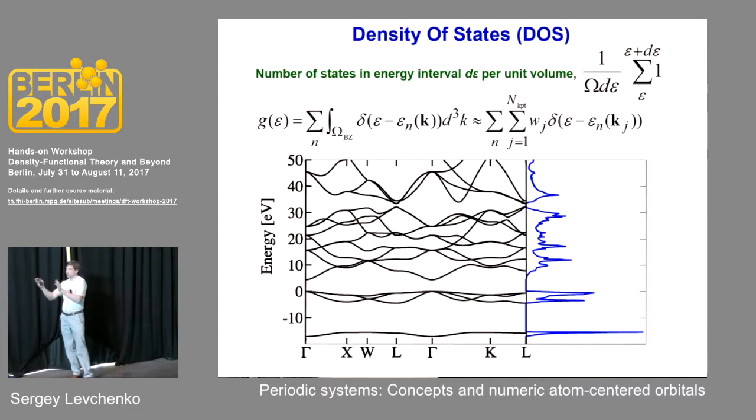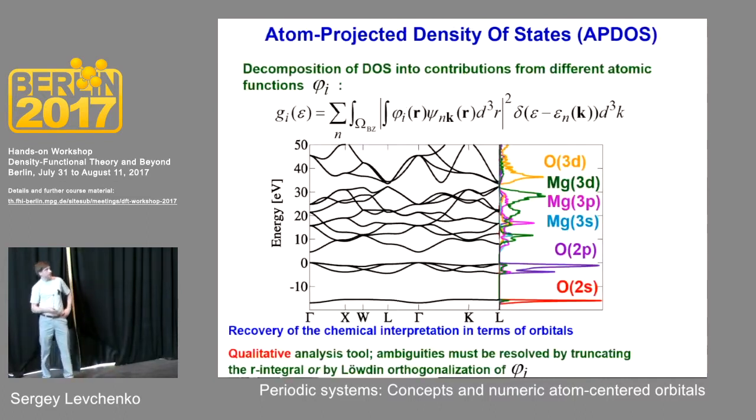These Gaussians are added together, and we obtain something like this. You can see how the density of states reflects, in a more compact way, properties of the band structure. It gives the width of bands, the band gap, and the density of states at different energies.